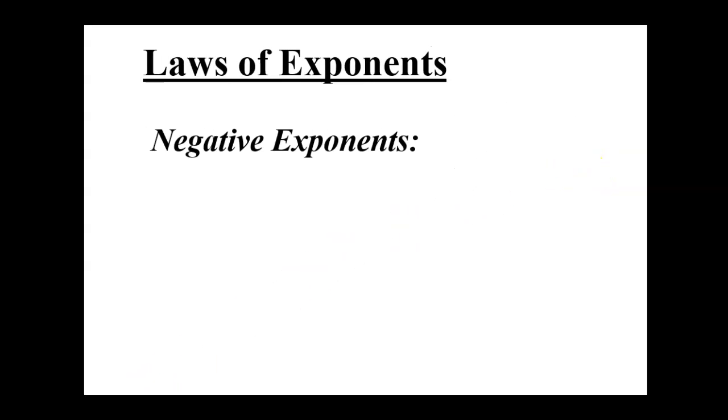All right, so negative exponents. Sometimes we get negative exponents, and that's because of our quotient rule. If I had a to the 5th over a to the 3rd, I would simplify this by taking 5 and subtracting 3. This would be a squared.